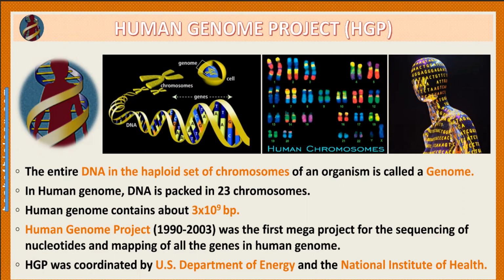To study one base pair in this project, it cost $3. Just to study one base pair, it is $3. Totally, how many base pairs are there? 3 into 10 raised to 9.